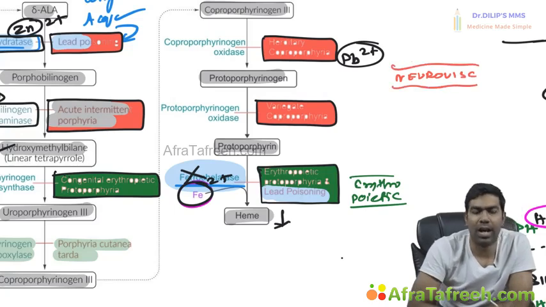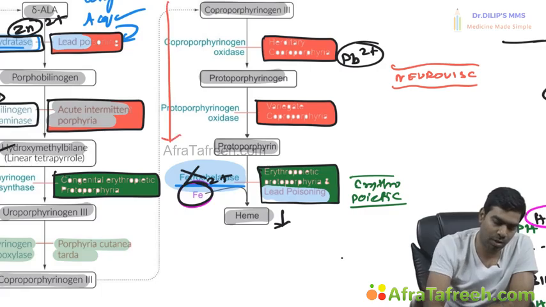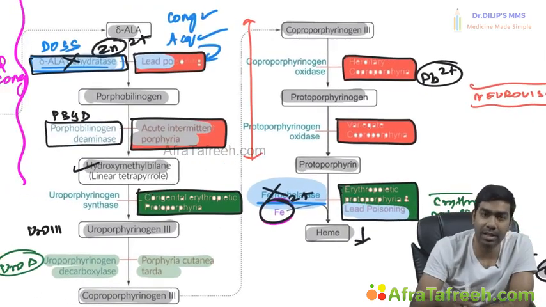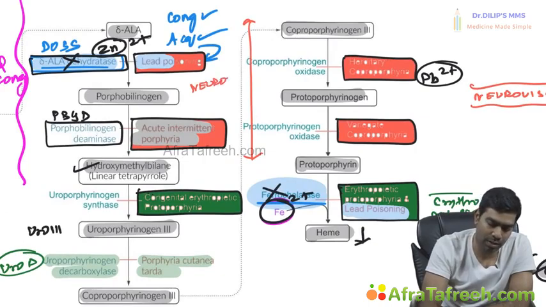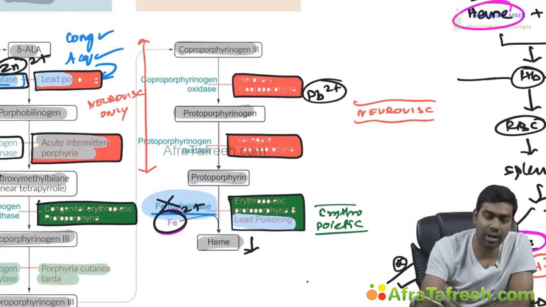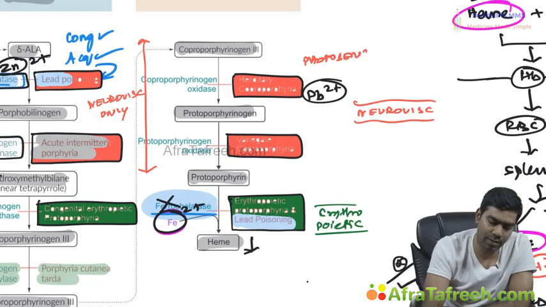For sure. And which of these come with neurovisceral complications only, without photosensitivity? You can split into two. Those enzyme deficiencies happening in the cytosol will have neurovisceral complications only. Those happening in the mitochondria will have photosensitivity with neurovisceral complications.